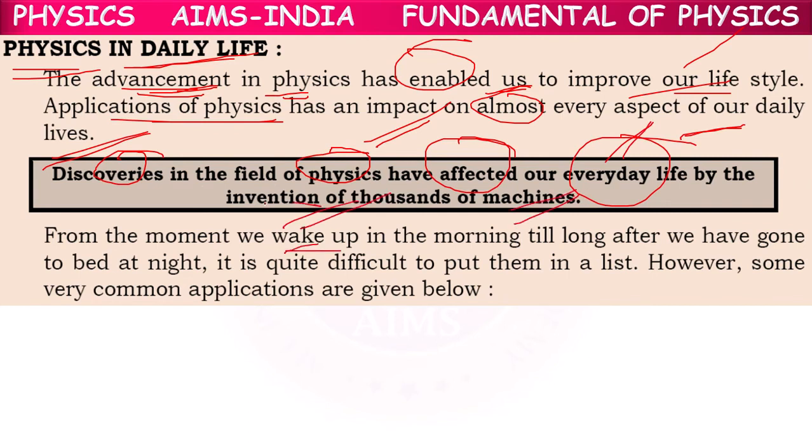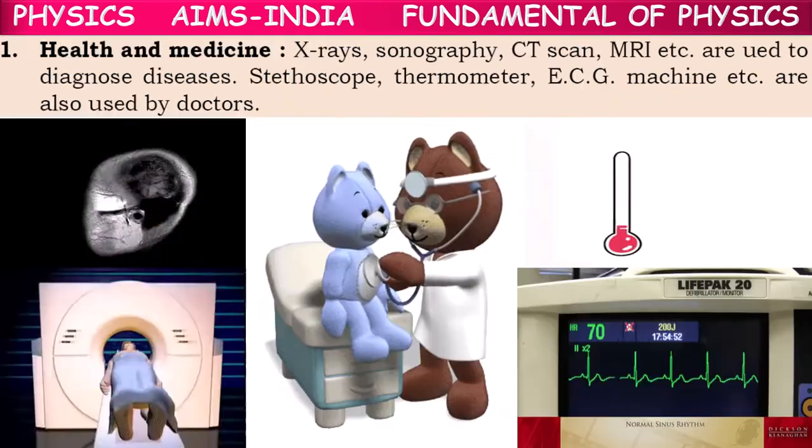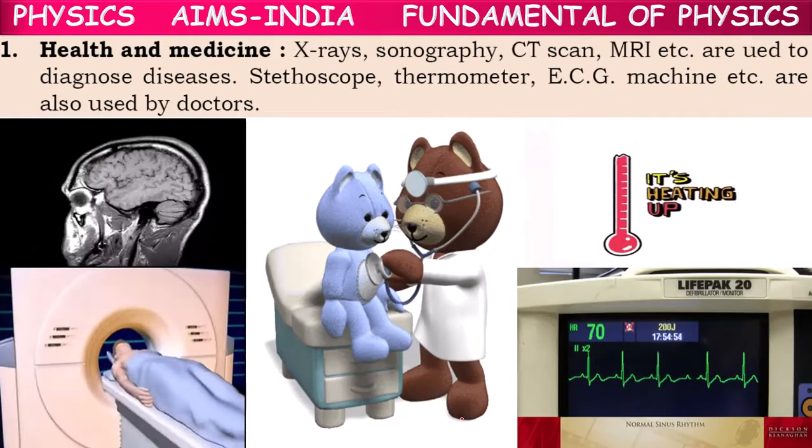From the moment we wake up in the morning till we go to bed at night, it is quite difficult to put them in a list. From morning to night, we make use of many different kinds of machines, which are inventions of physics. Let's see some of them.